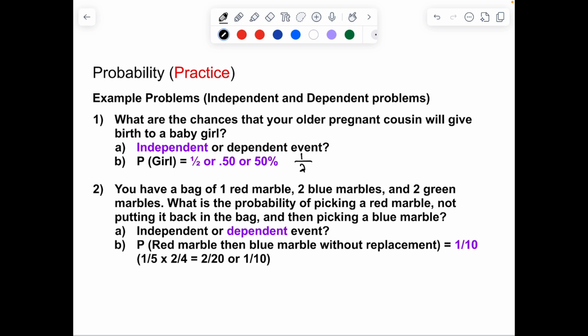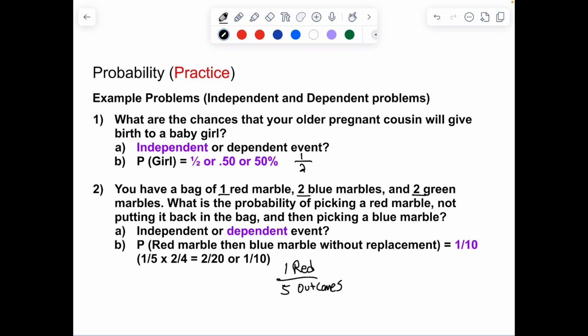Okay, so if we draw the marble and we calculate the probability of the first draw, we see that there is 1 red marble out of 5 possible outcomes. So we have the 1 red, the 2 blues, and the 2 greens. So add those up, you get 5 outcomes. Okay, so our probability of drawing red is 1 out of 5.